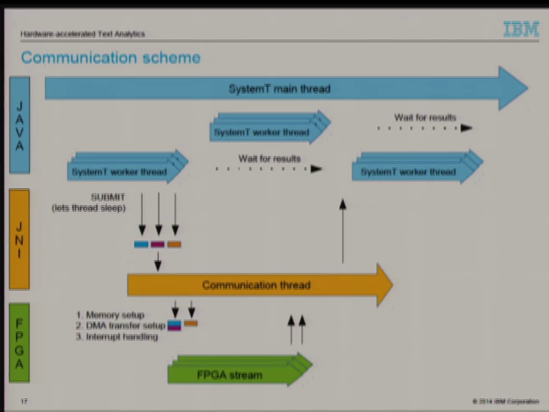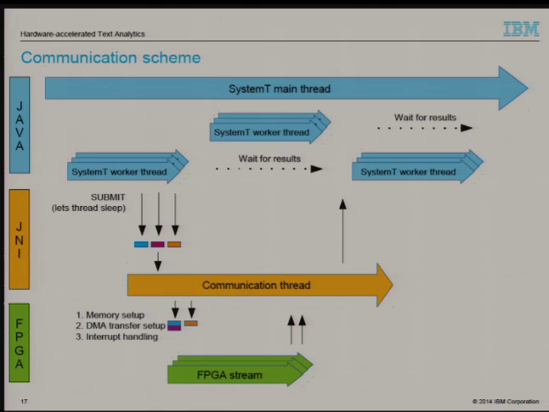In a complete way, since System T is also Java software, we have to get out of Java first before sending it off to the FPGA. So there are multiple threads running in Java and would be submitting documents. And as I said, there is this communication thread or translation server running all the time. And as the software-based MMU is introducing quite some latency, the setup of such a transfer is a little bit costly.